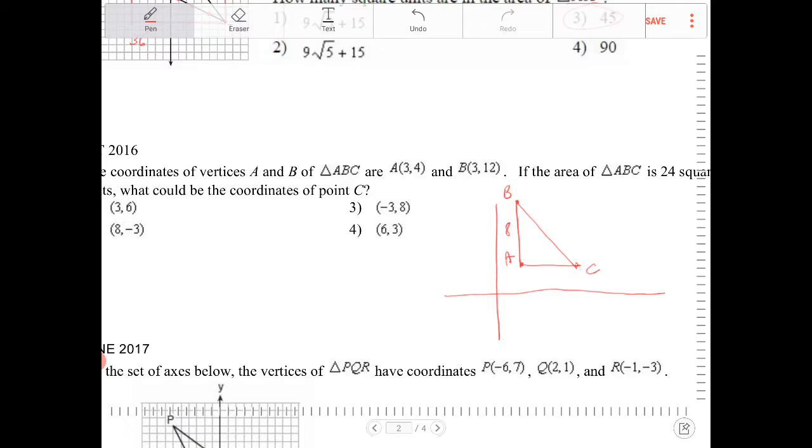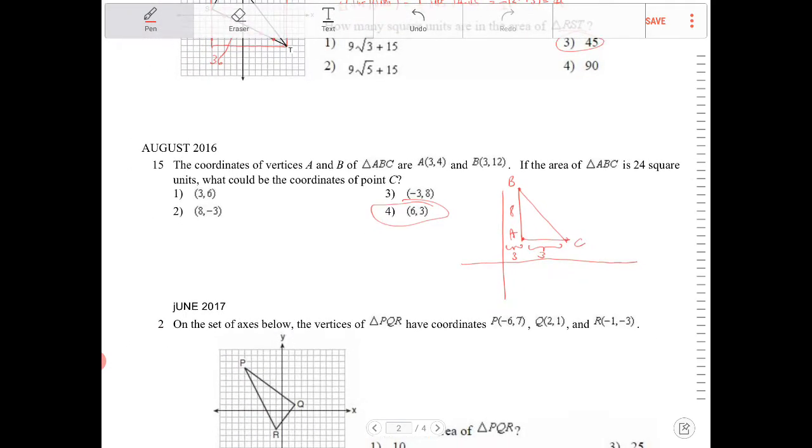And I believe it is going to be down here. It's going to be this guy, right? Since this guy is 3, this guy should also be 3, because 3 times 8 gets you 24. Since I'm 3 away from A, it would have to be 6. So that's why it's option 4 there.